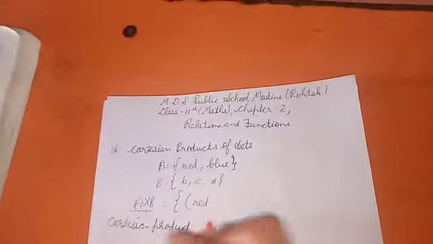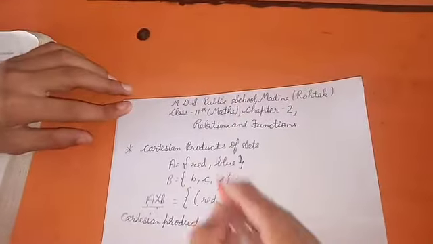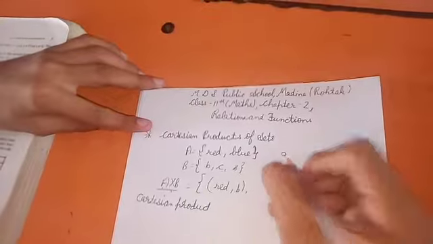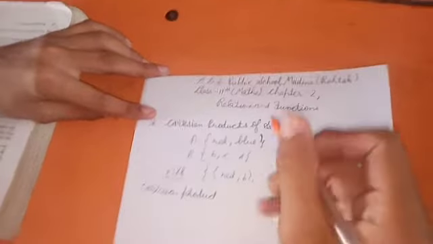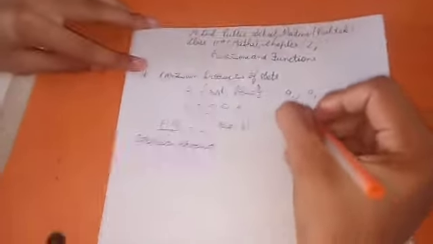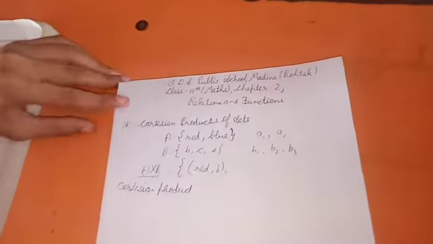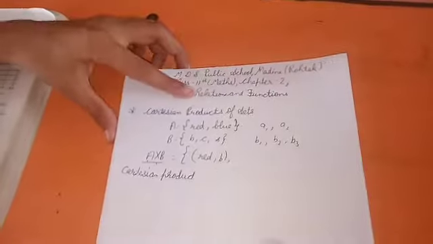How will it be? Red, and then B. Or we can say that it is A1, A2, and B1, B2, B3. Now we have to take the product of these.